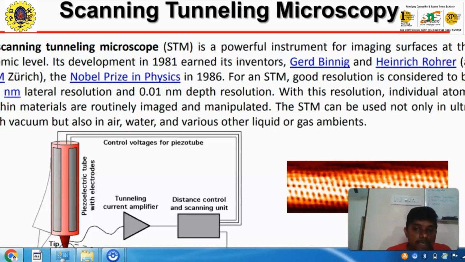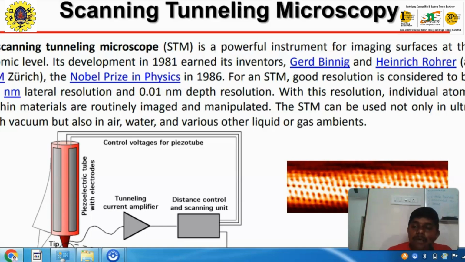With this resolution, individual atoms within materials can routinely be imaged and manipulated, and this STM can be used not only in ultra high vacuum but also in air, water and various other media. Even water bubbles present over the surface, the type of bubbles we can see over the sample, the deflection angle of water when we pass light rays over it, and the water contact angle can be analyzed up to the nano level.